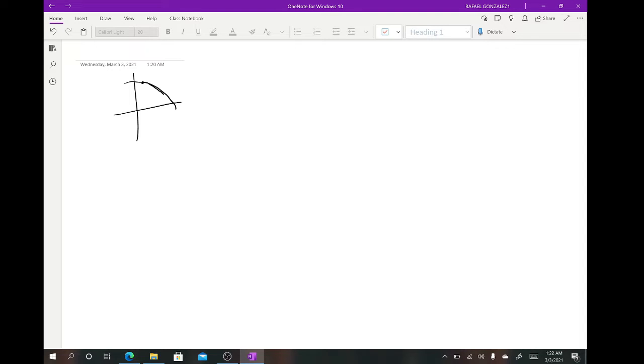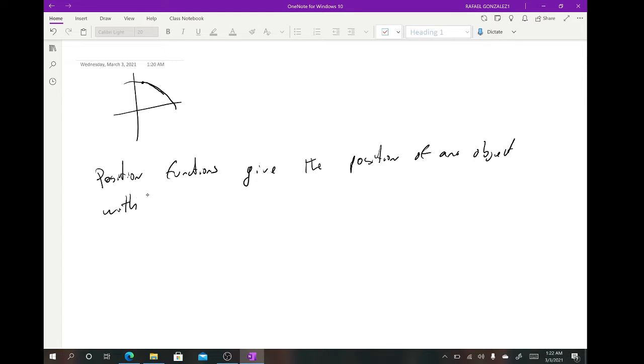So oftentimes these position functions give you the position of an object with respect to the origin for some time t.